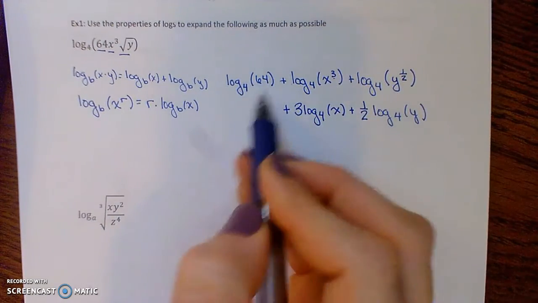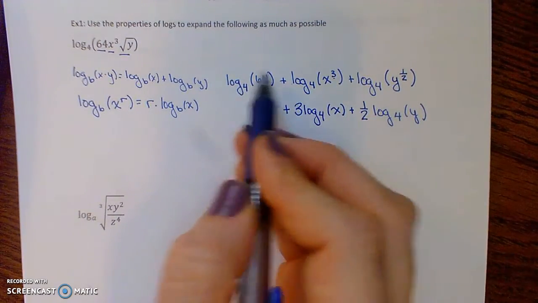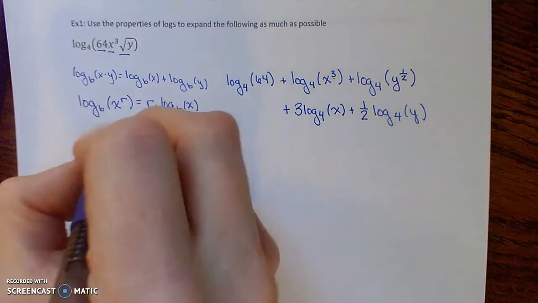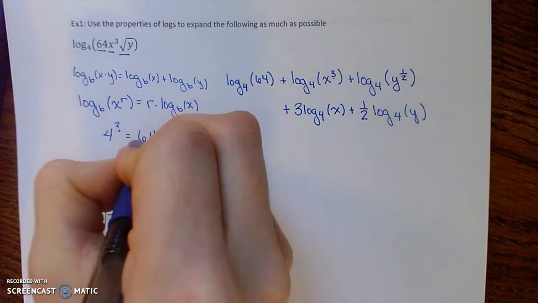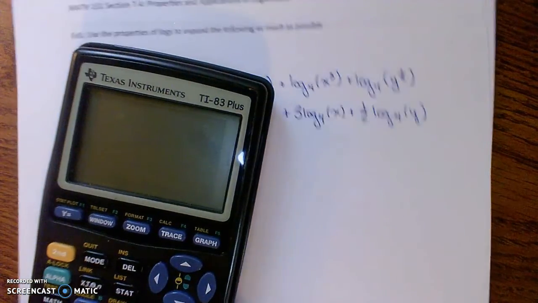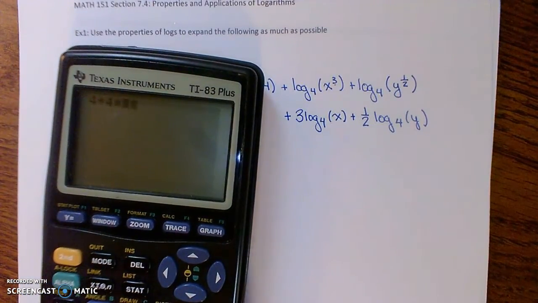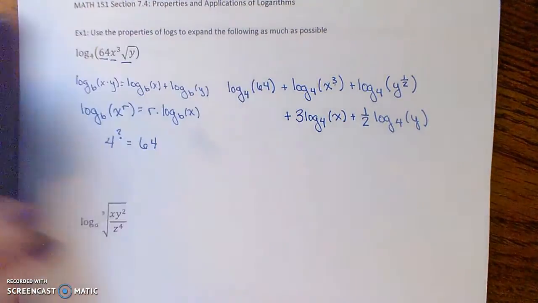All right, now let me deal with this term. Log base 4 of 64, I can actually evaluate, because this comes down to 4 to what power gives me 64. And I know, and I can check on my calculator, that 4 times 4 times 4 gives me 64. So it's 4 to the third power.